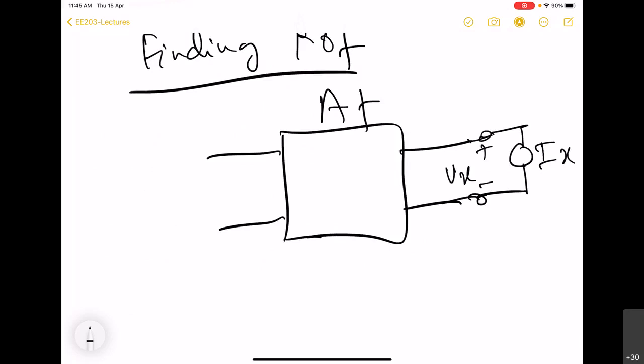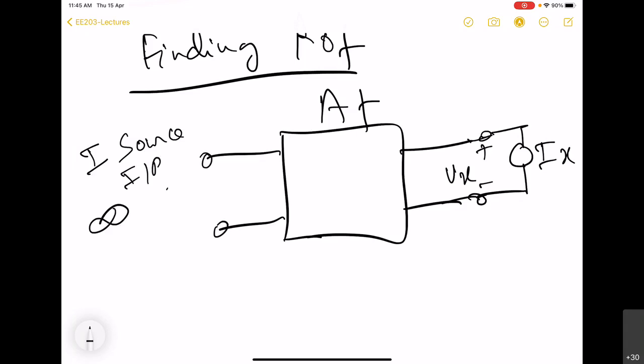And when this amplifier is used, it will be excited by a current source on the input side, and an ideal current source has infinite impedance. So that is why this time the input should be kept open.